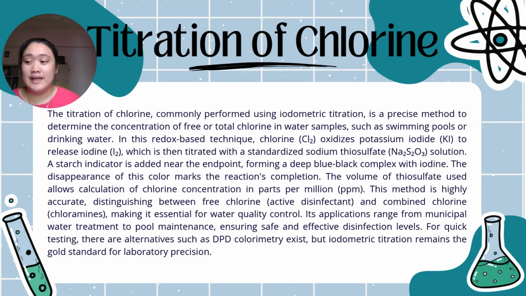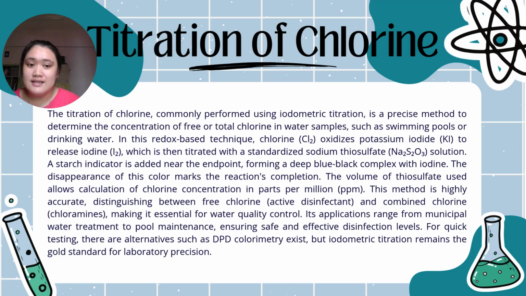Hello everyone, my name is Nancy. Now we are going to apply the volumetric analysis by using this experiment, which is titration of chlorine. First of all, let me introduce to you what this experiment is. Basically, the titration of chlorine is commonly performed using an iodometric titration.